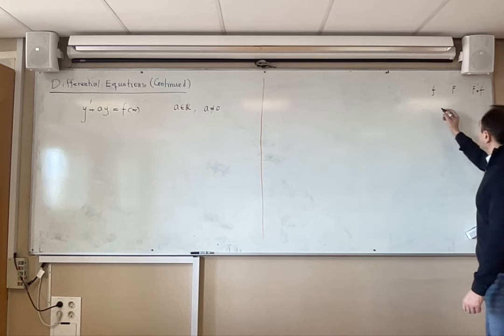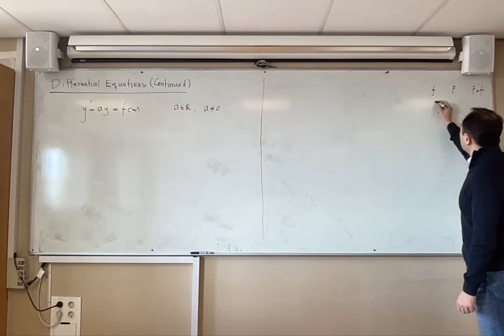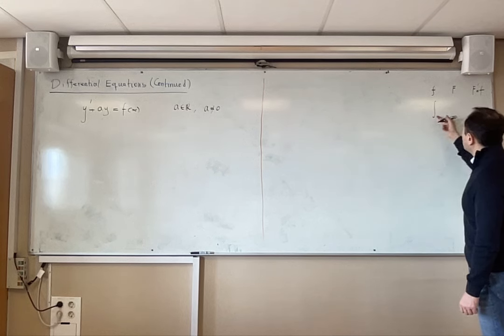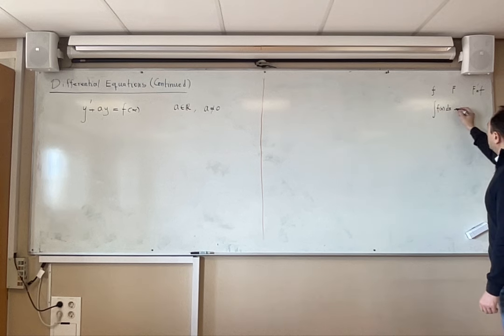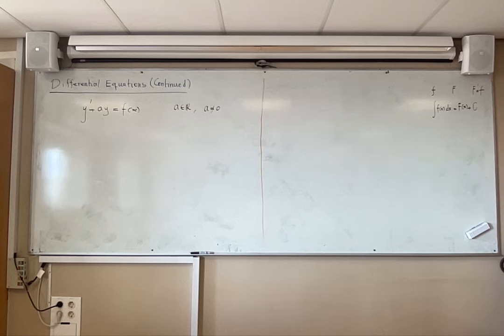Okay, so now I want to introduce this piece of notation. So I use the same integral sign to write integral of f of x dx. But what do I mean by this symbol? I mean F of x plus a constant c. That's it.